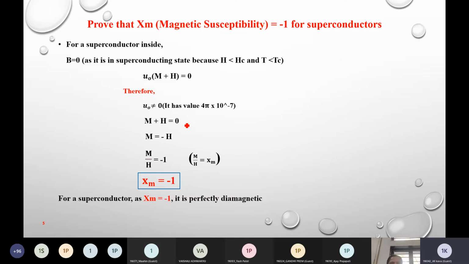shifting H to the other side, M is equal to minus H, and by dividing M by H, we are getting -1. And M upon H is chi m, which is magnetic susceptibility, which we have learned in standard 12th.